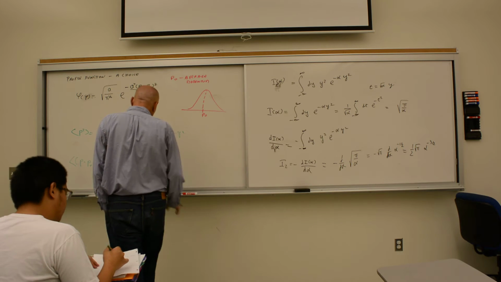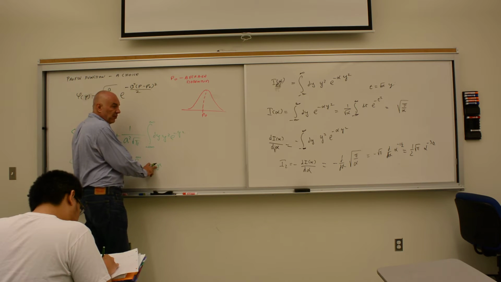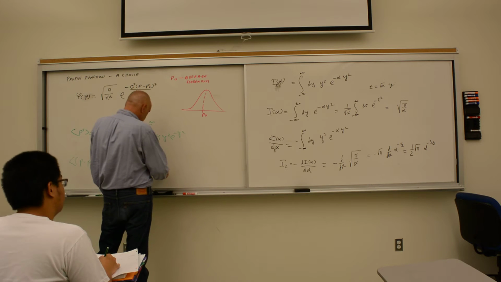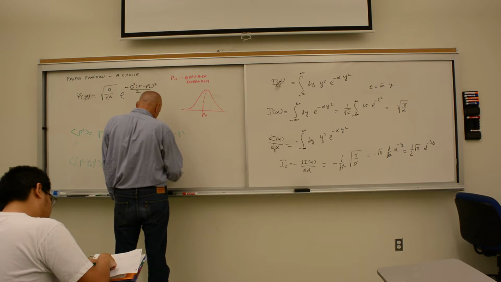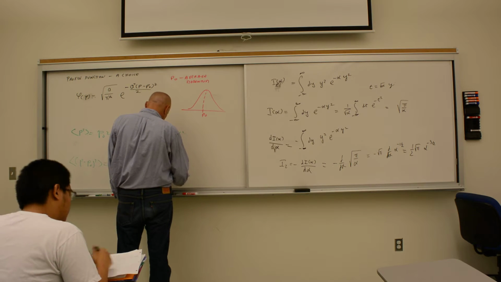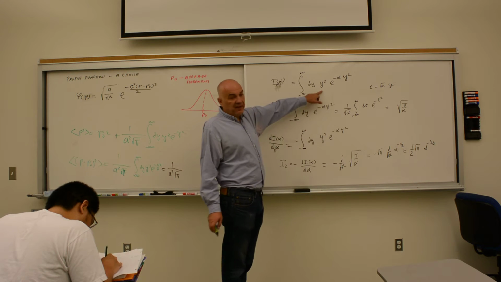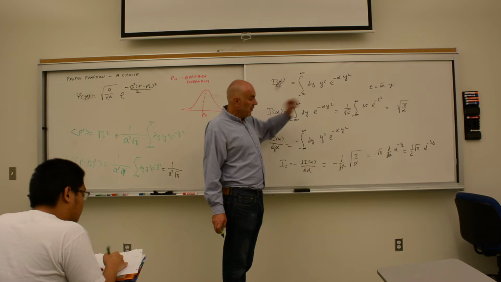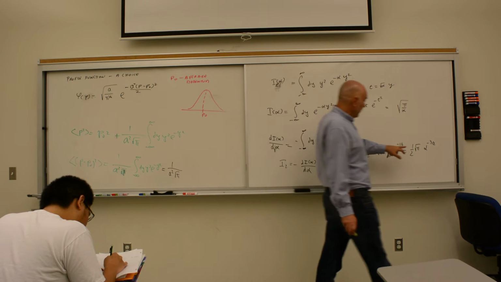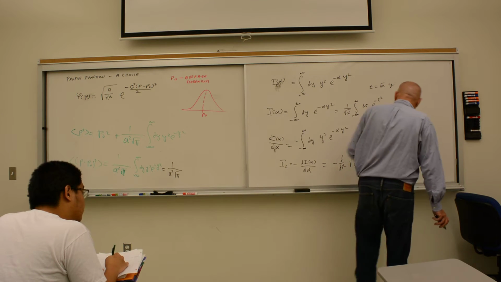Now the integral we need has alpha equal 1. So which is basically I2 at alpha equal 1, right? So if I put alpha equal 1, then I get that this is square root of pi over 2.